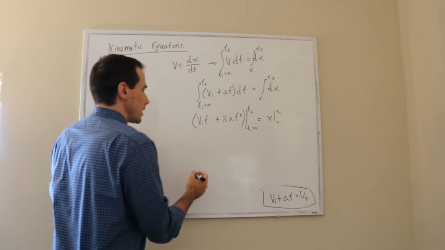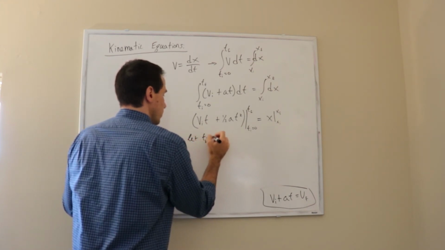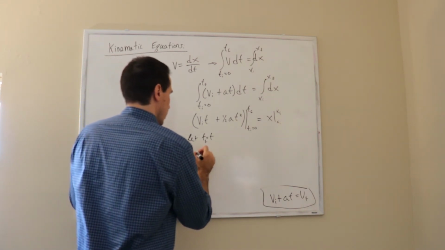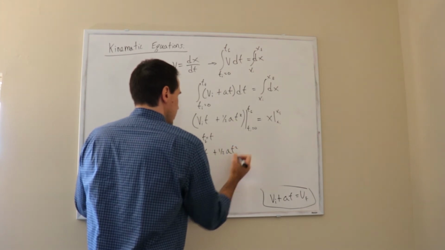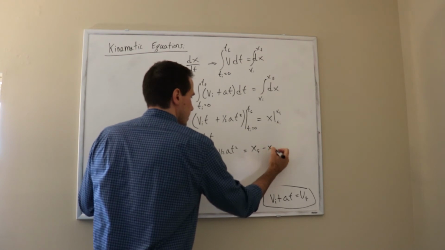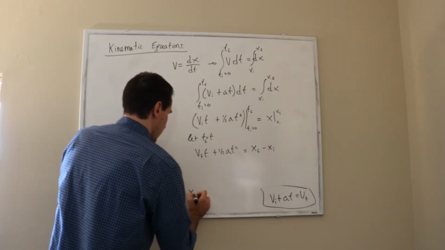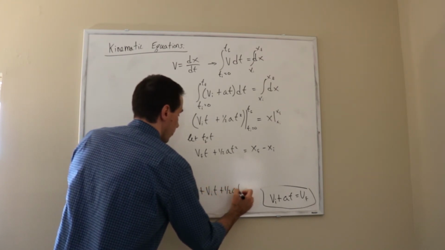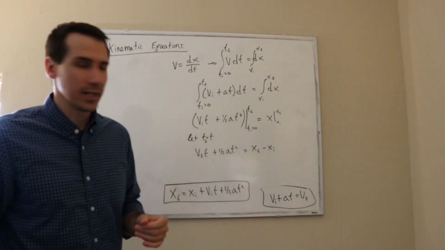So plugging in here, and once again, I'm going to let t final just equal t. I get v initial t plus 1/2 a t squared equals x final minus x initial, or rearranging, I get x final equals x initial plus v initial t plus 1/2 a t squared, which is my second kinematic equation.